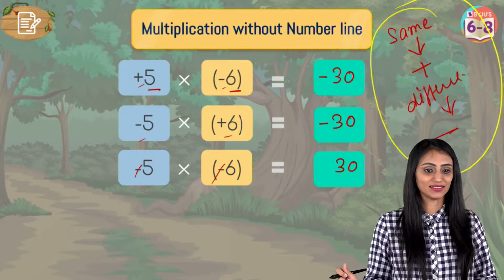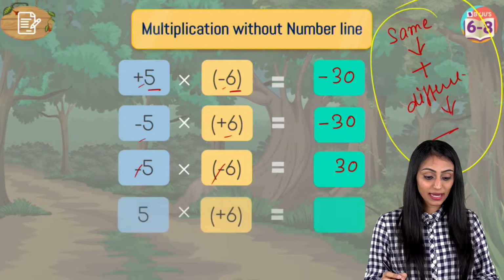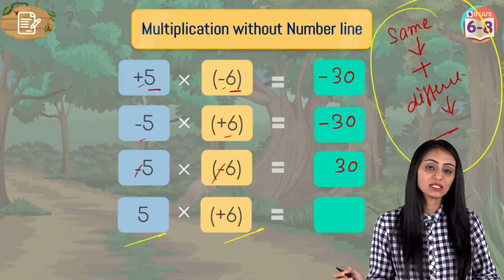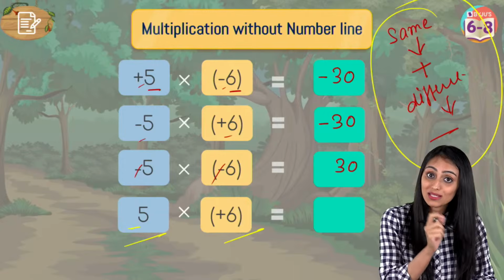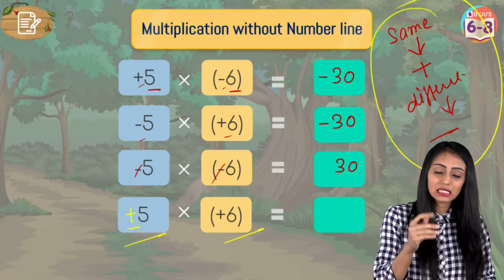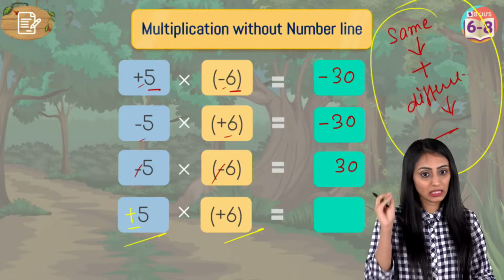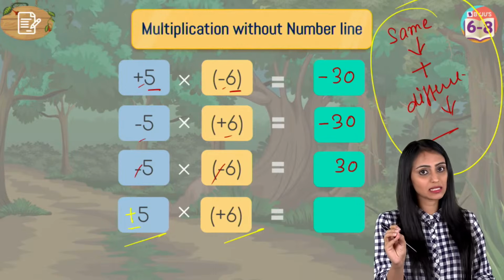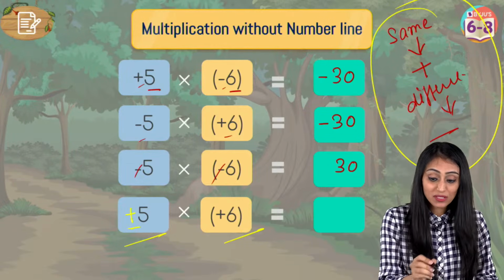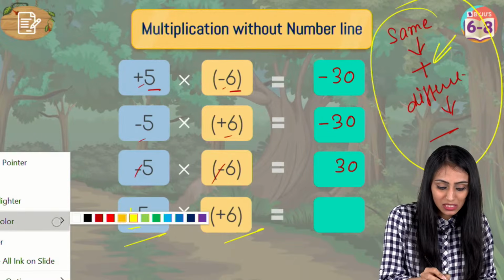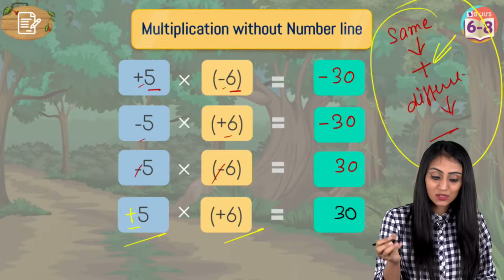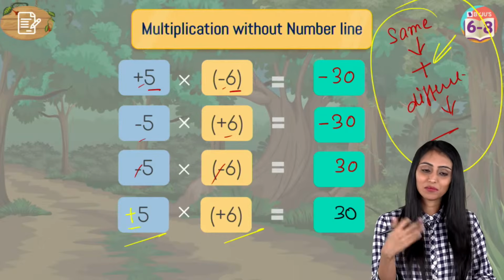Thank you, Narendra. Alright, talking about the next thing, 5 times positive 6. There is nothing written with this 5. So when no sign is there, we always consider that as a positive number. Keep this in mind. So both are positive. Same signs give you a positive result. So 5 times 6, we know that's 30. Since both of them are positive, signs are same, the result will be positive.